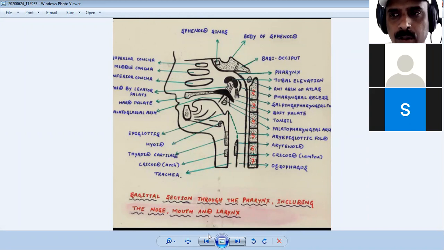This is all about today's lecture. Read, make notes, and for 10 marks you have to write properly. So understand all these points with this diagram. I hope my dear students understood the first part of the pharynx. The second part I am dealing with in the next lecture, the muscles of the pharynx.